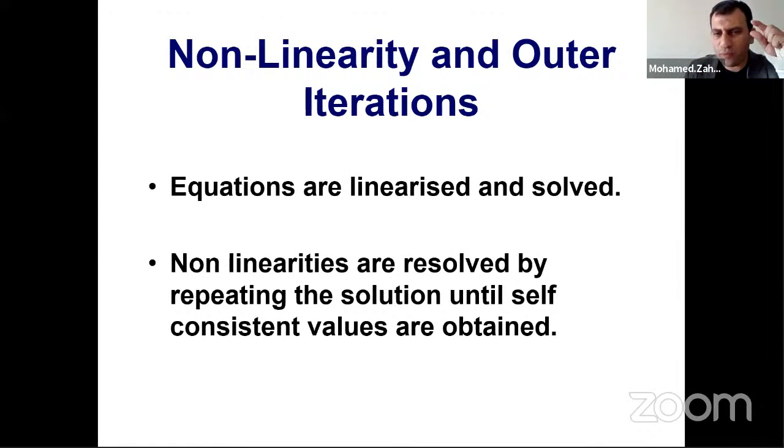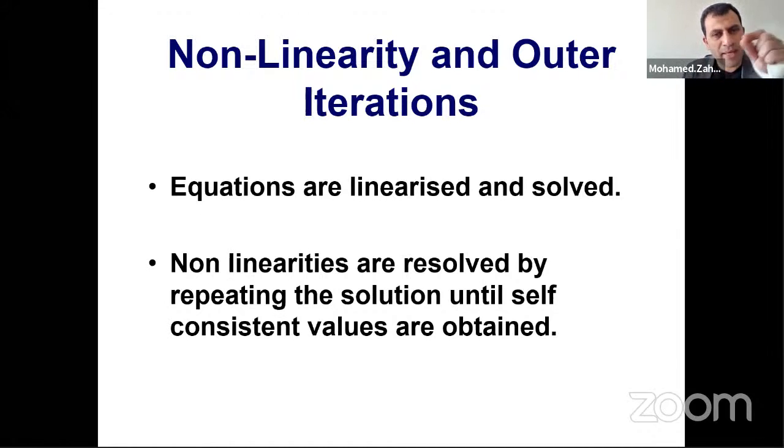The volume of each cube will be 10,000. And if you divide 1 billion by 10,000, you will get 100,000 grids. Okay. Then to simulate your reservoir, you need 100,000 grids.